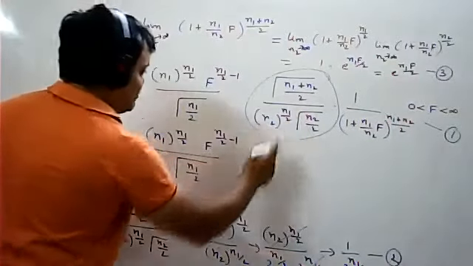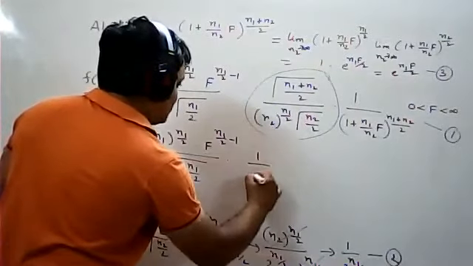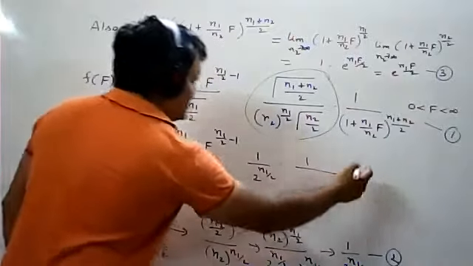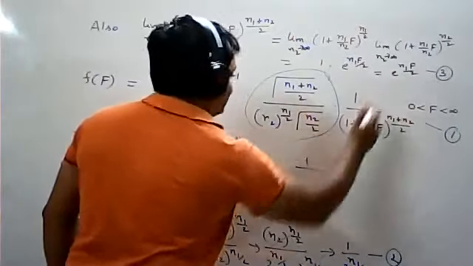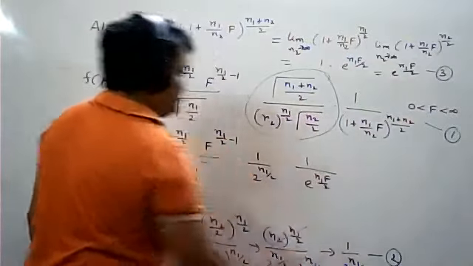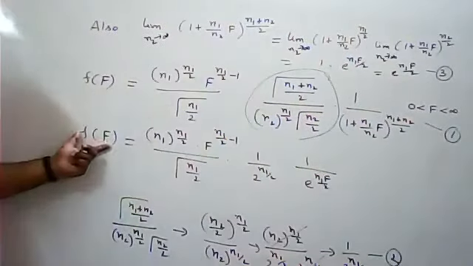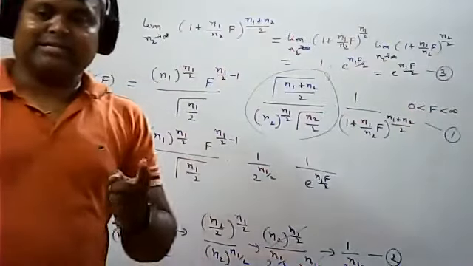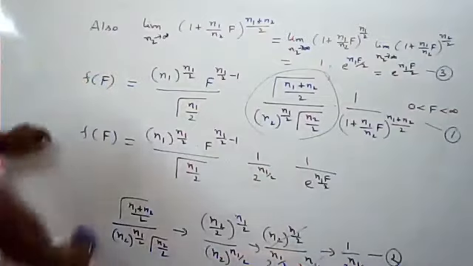Now all of you know this term value, 1 by 2 to the power n1 by 2, into 1 by this term value, which from equation number 3 is e power n1 f by 2. Still, this is the density function in terms of f only. I have not converted it. I have used only one condition, n2 tends to infinity.